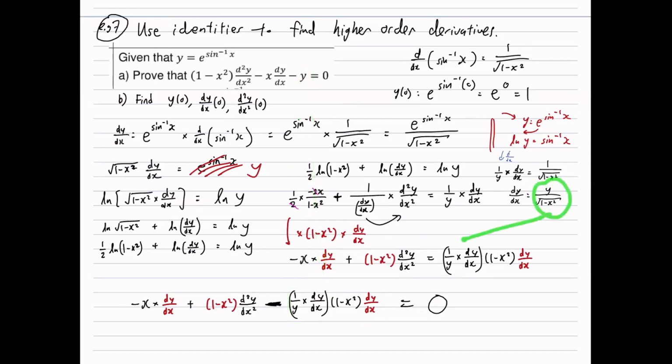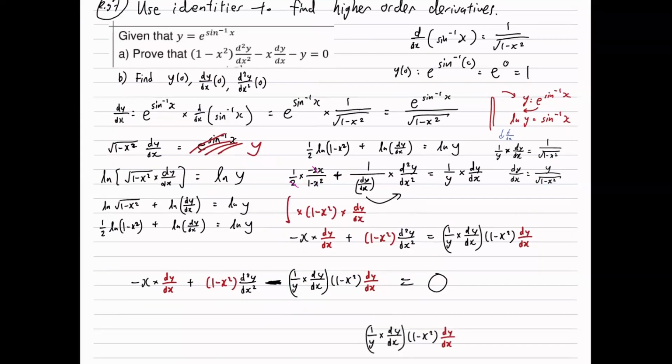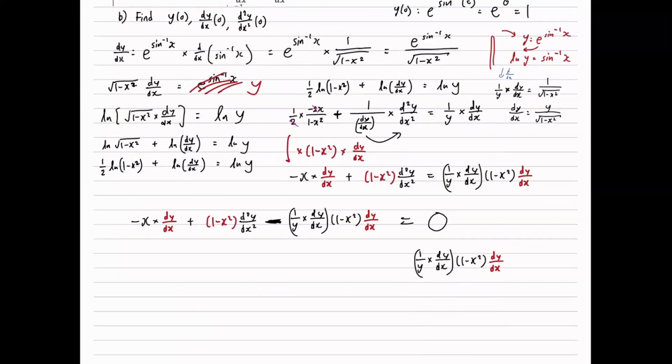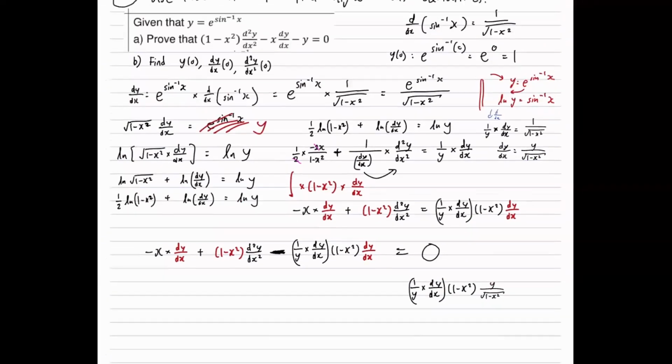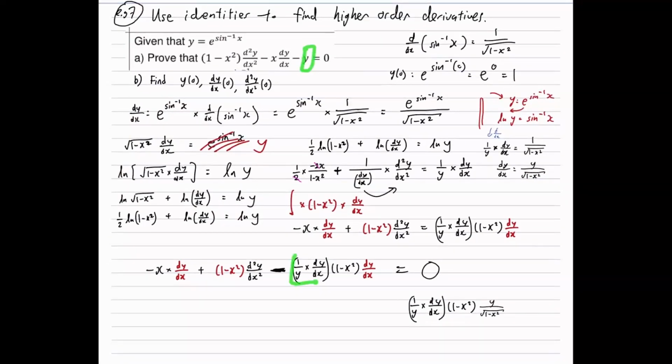If you sub in y with this, what will you get? Let's just do it first and put it at the side. If you decide to sub in dy by dx with that, then the question is, how come the other dy dx you don't want to sub in as well? Remember our objective: we need minus y.